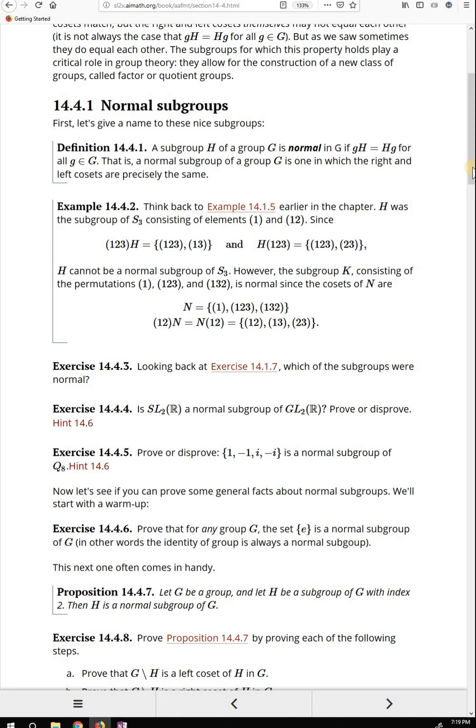If I have a big group and a normal subgroup, then the cosets of the normal subgroup form another group. So from one group I created two: the subgroup and the cosets of the subgroup. This is called factoring the group. You're factoring the group into cosets and the subgroup. We don't get into that this week. We just get into the definition of normal subgroup.